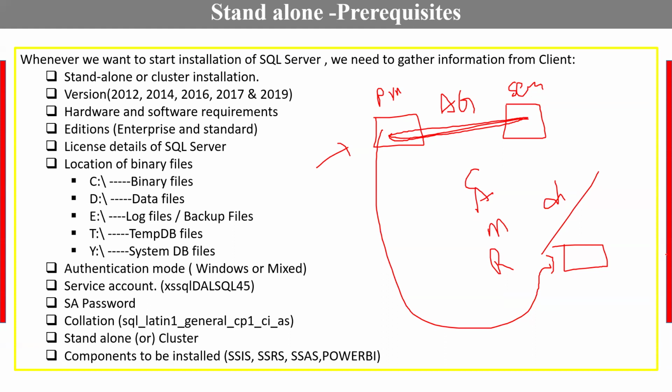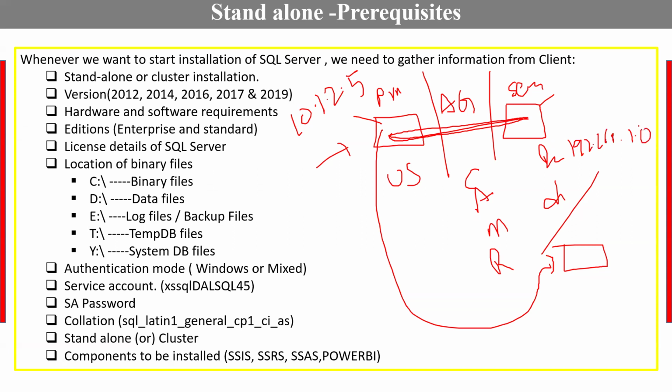This server and that server are separate. For example, this server is in India and that server is in the US. This IP address is 192.168.1.5, and you created a network file there.